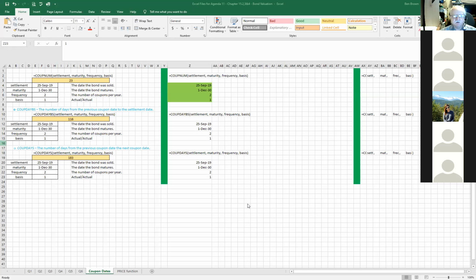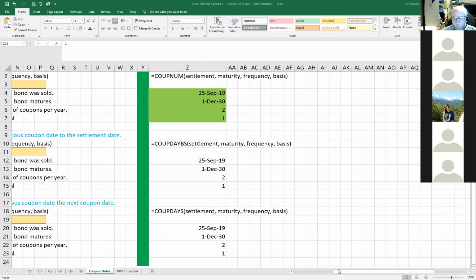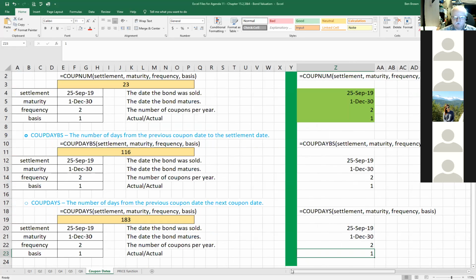If you go back to the Excel files that I sent you last week, these were all the questions, but I have a sheet here called coupon dates. So let's enlarge this. On this tab called coupon dates, the first one here is called CoupNum. And what this is going to tell us is how many coupons there are left on this coupon.